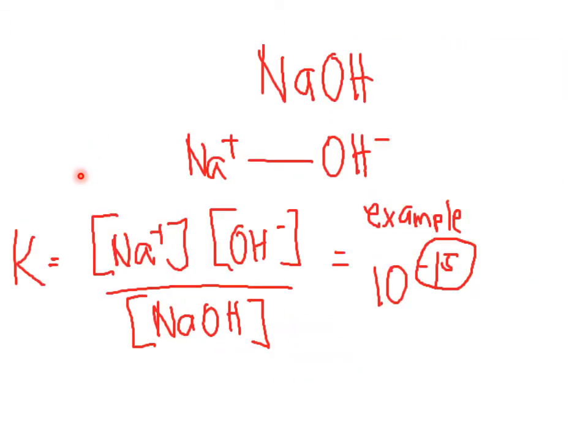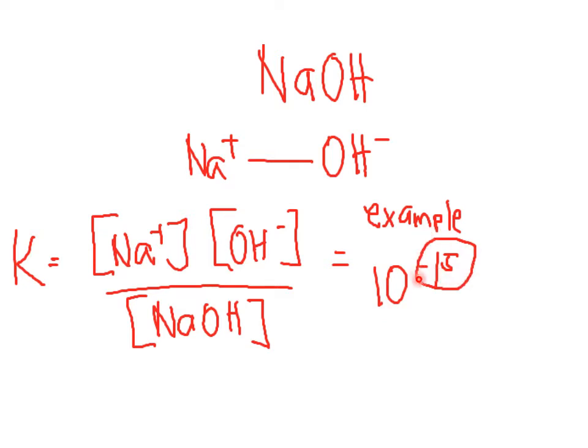For example, for the computation of the dissociation constant of sodium hydroxide, again, you take note of the contents of your sodium and your hydroxide over the overall contents of the sodium hydroxide. And for example, what you got is 10 raised to the negative 15.